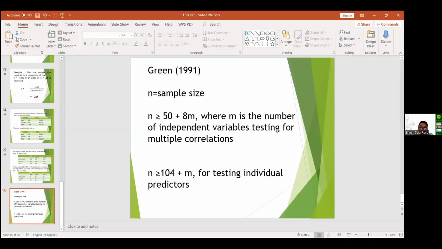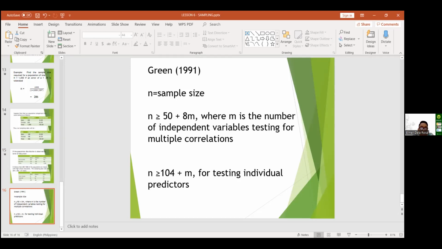Una, heuristics or rule of thumb. Pangalawa ay formula, and the most common of which is the Slovin. Ito naman ay yung literature review. Sample size, according to Green, is determined using these two formula. N should be at least, pag greater than or equal to, ay at least 50 plus 8m.